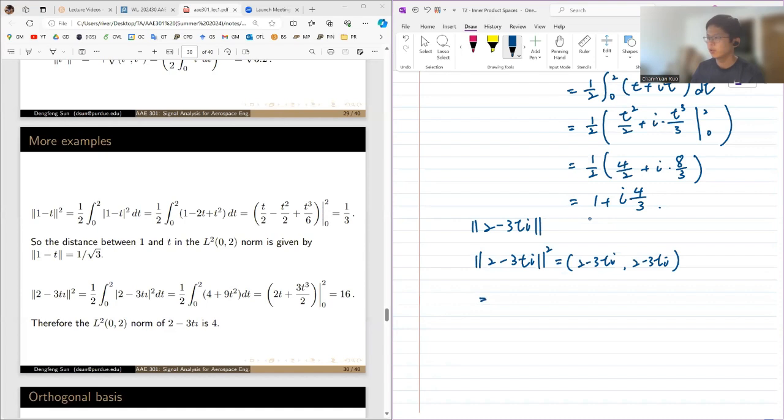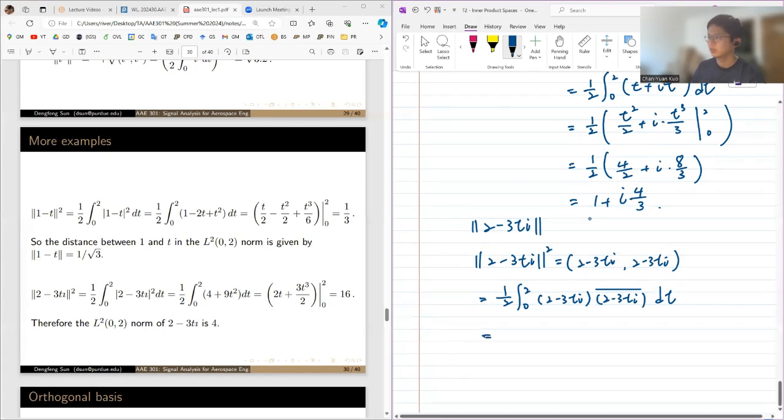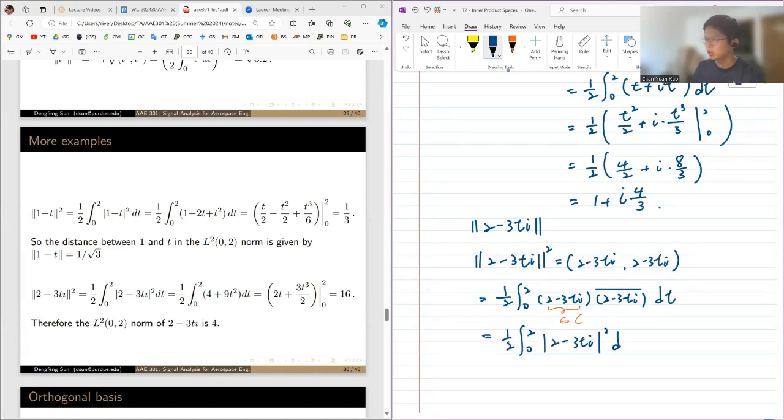So we would have 1/2, the integral from 0 to 2, of 2 minus 3ti times the complex conjugate of 2 minus 3ti dt. Because we have a complex number multiplied by its complex conjugate, what we'll get will be the square of the absolute value of 2 minus 3ti dt.